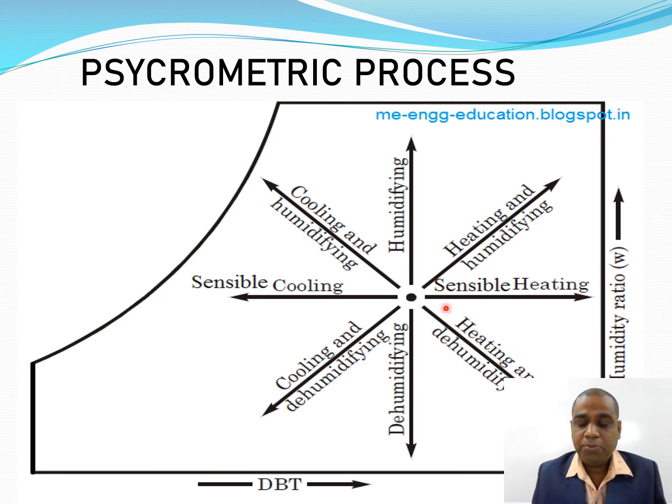From the initial point, the humidity ratio is more than at the final point, so the moisture content in the air gets reduced by the use of the dehumidifier. That means the dehumidifier removes moisture from the air, and the heating coil is used to increase the dry bulb temperature.